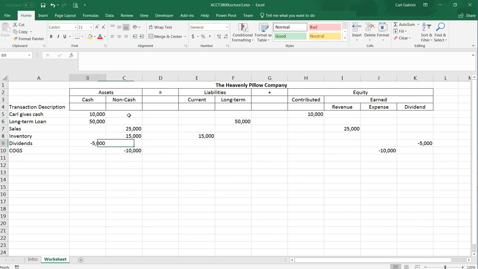And so we have $55,000 in cash and $30,000 in non-cash assets.